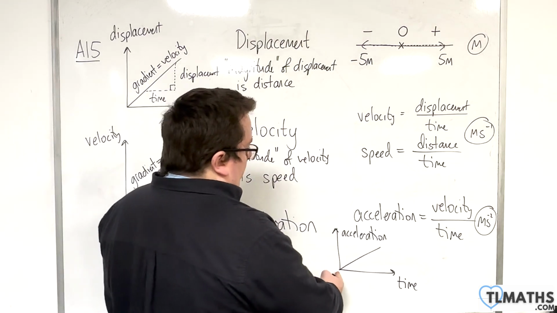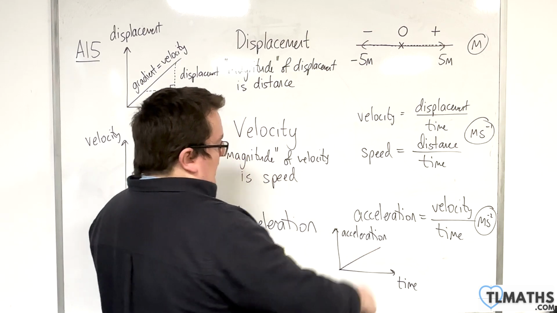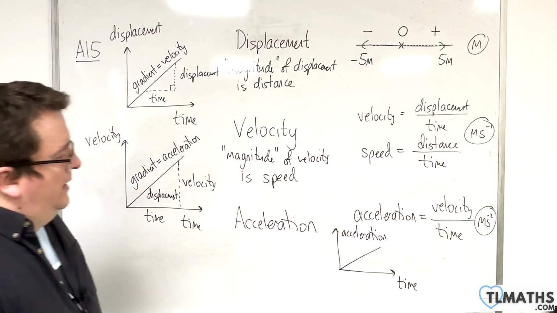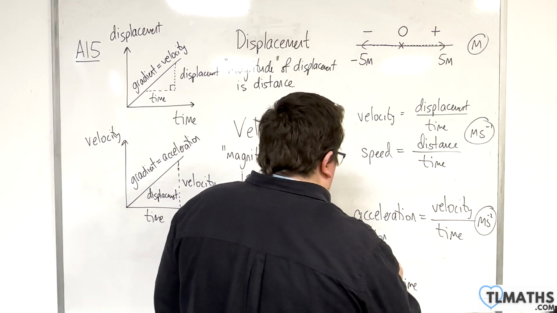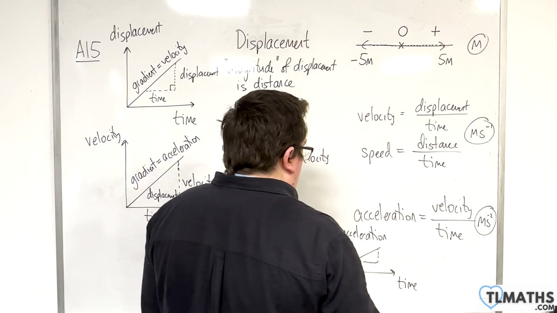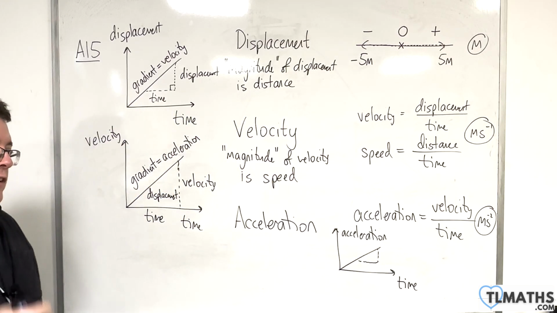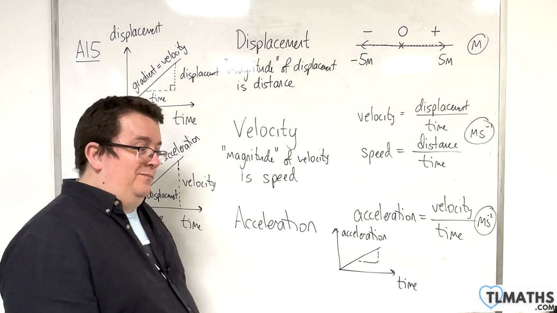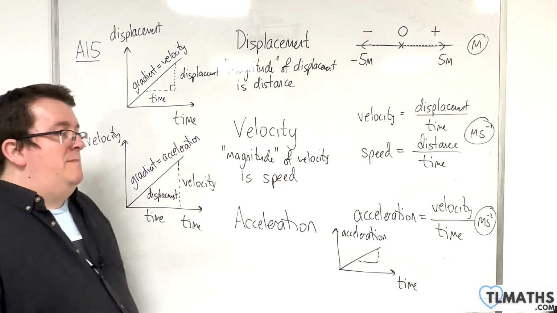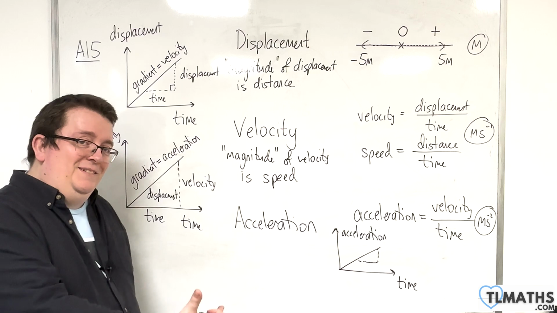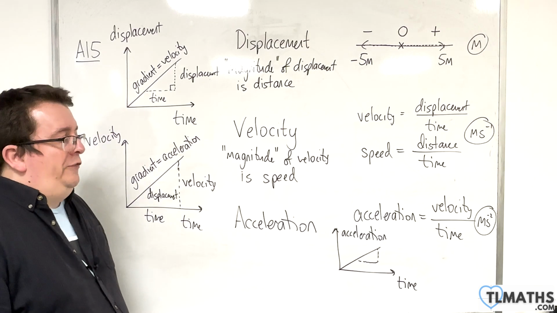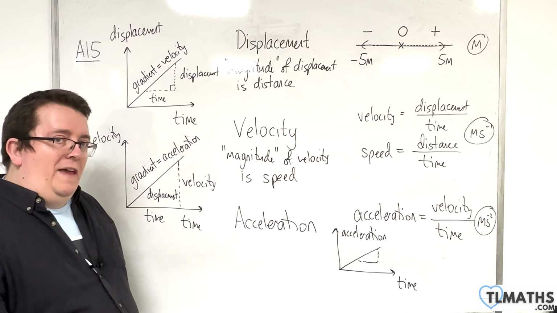So you're going from a constant speed and getting faster. Now, if you were to work out the gradient of that line, you would be looking at acceleration over time, so you'd be looking at meters per second, per second, per second. If you're interested, feel free to look up what that is.